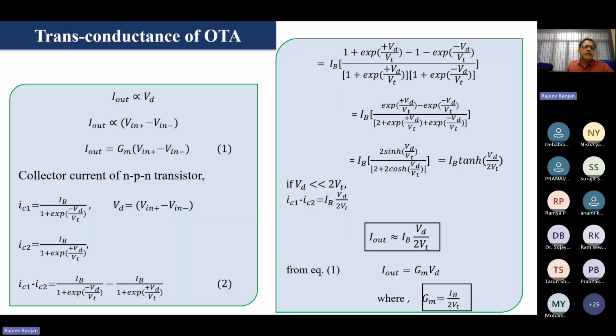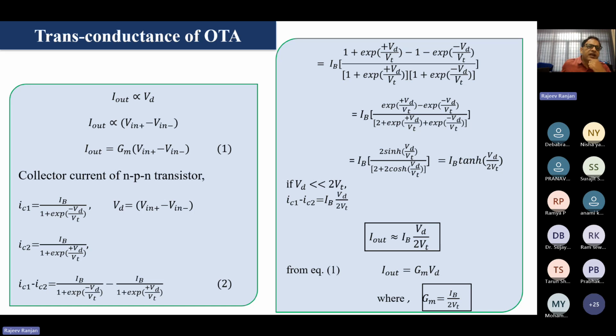Now, let us see how we calculate the transconductance. I already told I out equal to GM (V plus minus V minus), or we can say I out is proportional to VD and I out equal to GM VD, where GM is the proportionality constant.